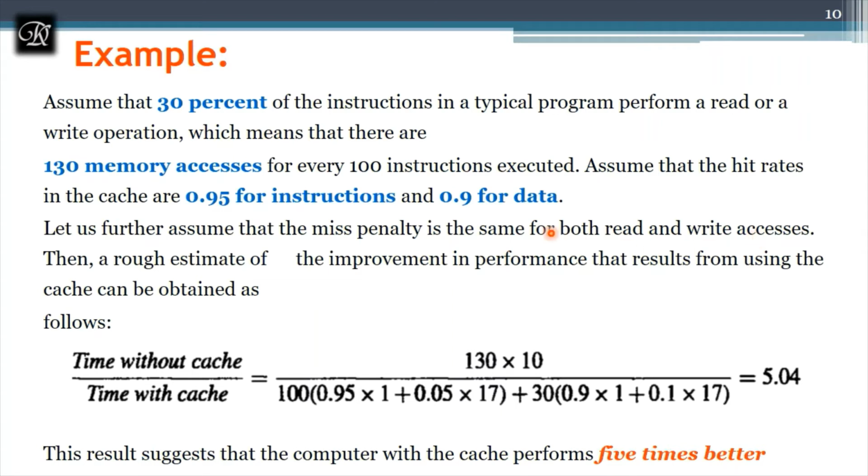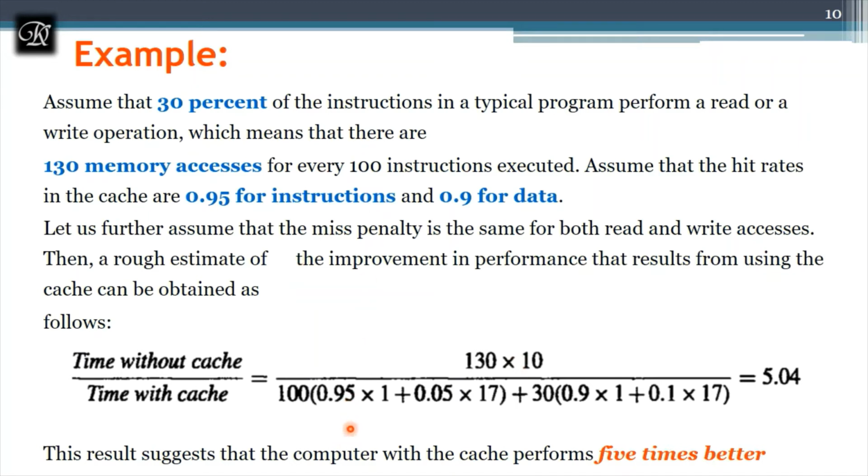Then a rough estimate of the improvement in performance that results from using the cache can be given as follows. The time without cache is 130 times 10, since we have seen it takes 10 clock cycles without cache, divided by 100 instructions.